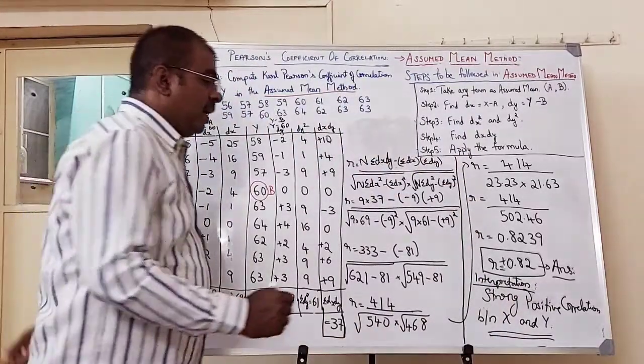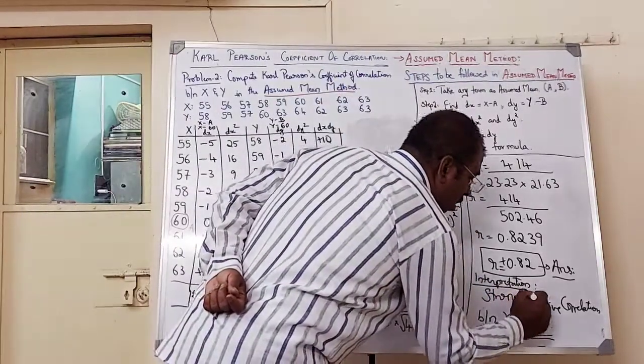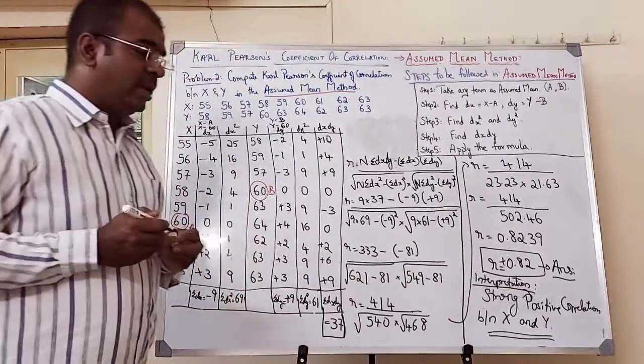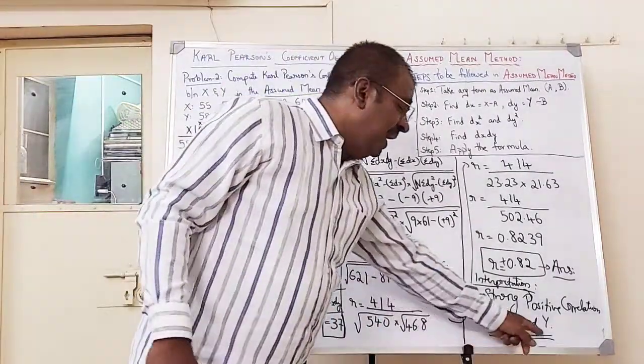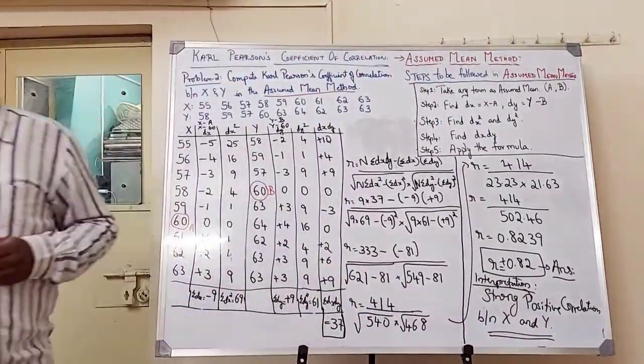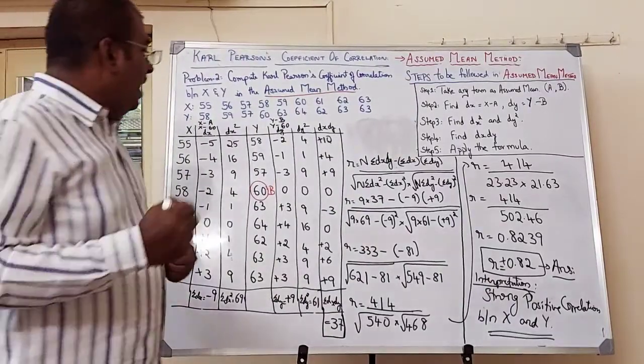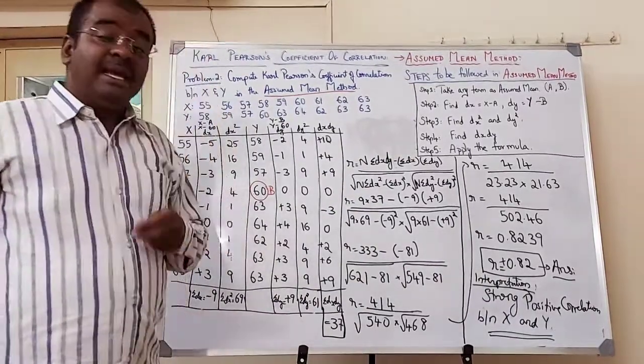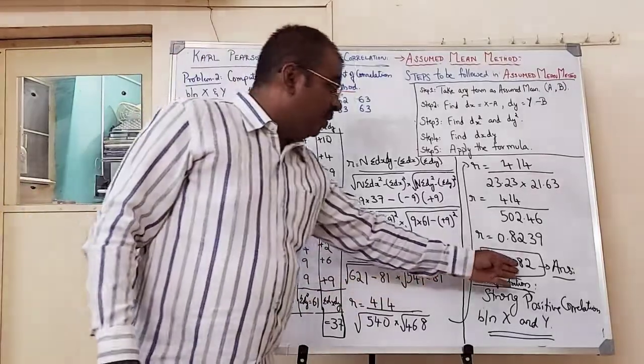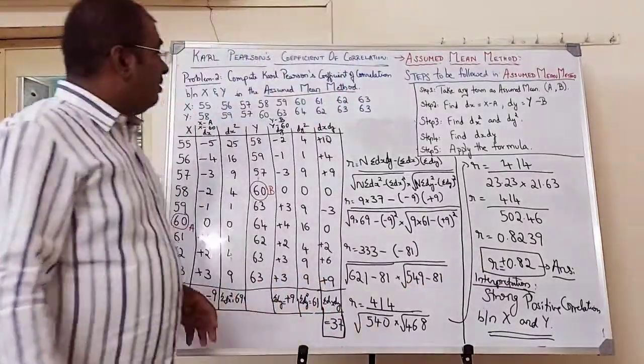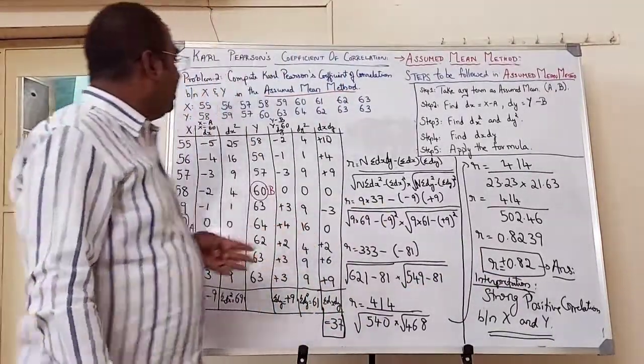This becomes our interpretation that there is a strong positive correlation between variable x and variable y, which means when the value of x increases, there are 80% or 82% chances that the value of y also increases.